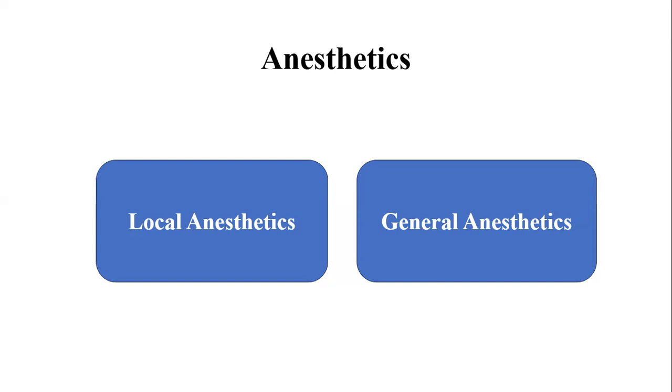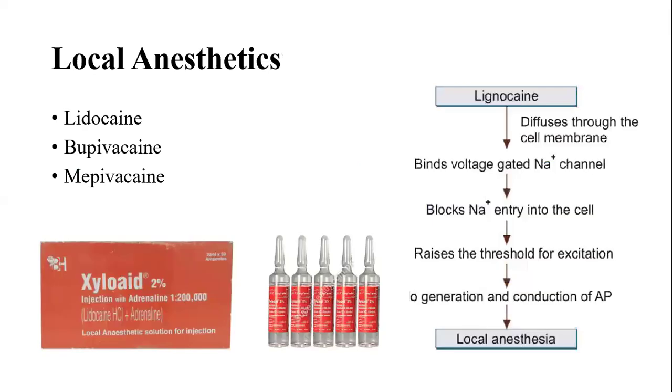If we talk about the different examples of local anesthetics, you would have heard all these names: lidocaine, bupivacaine, and mepivacaine. These are the local anesthetics that are used for desensitizing the localized area or region of the body. Okay, and how they act, how they cause desensitization, you can go through the mechanism of action.